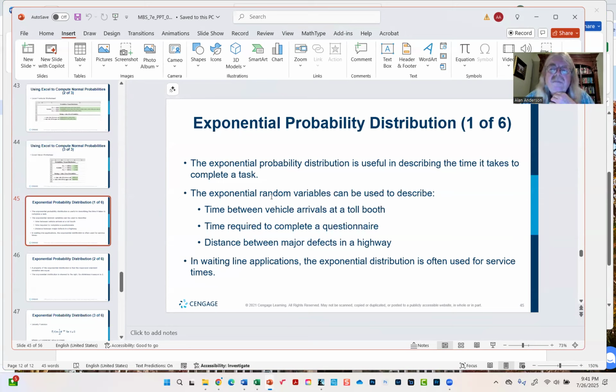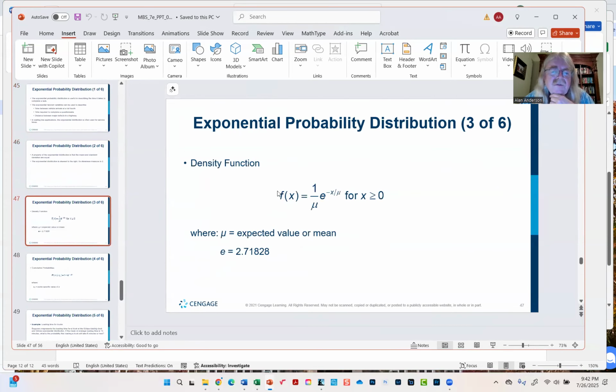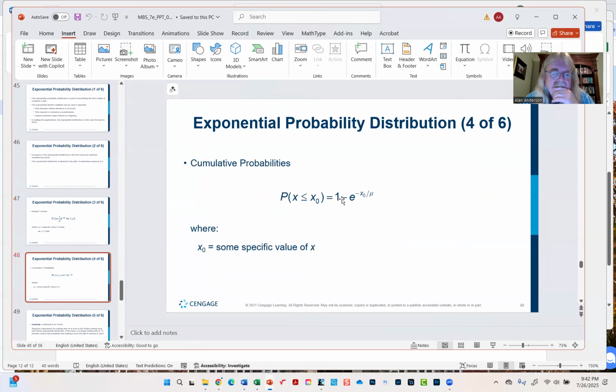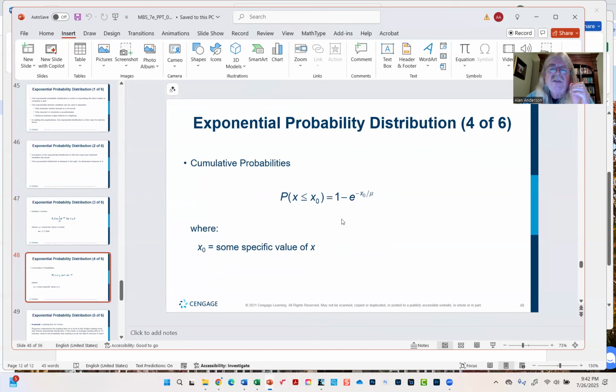So, interestingly enough, the Poisson is a discrete random variable. This one is continuous. So the formula isn't really very complicated looking. Look at that. You can definitely solve for this directly. You can do it as a probability or what's called a cumulative probability.